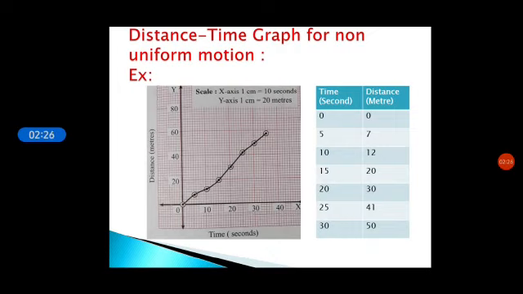The following table shows the distances covered by a bus in a fixed time interval of 5 seconds. When a graph is drawn of distance against time by taking time along the x-axis and distance along the y-axis, the graph does not show direct proportionality between distance and time, as in non-uniform motion the object changes distance non-uniformly with time.